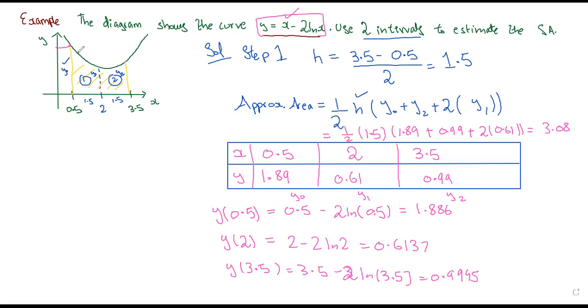Now if we draw the trapeziums on this curve, they would not look like this. They would look like this, and our area is basically this area.